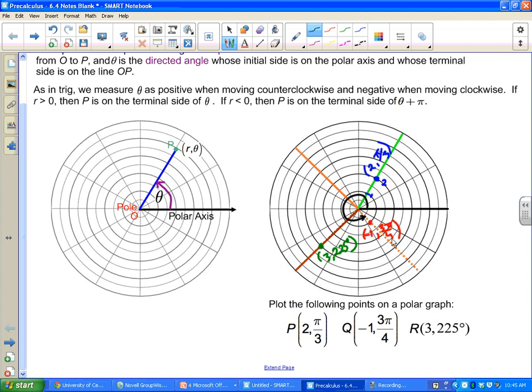That would be an angle of 7 pi over 4. That's what this line is, 7 pi over 4. And if I'd used the angle 7 pi over 4, that would have made it a positive 1. Or I could have used the negative angle of this and written it a different way. So there's going to be an infinite number of ways you could write each of these points, and that brings us to the next slide.